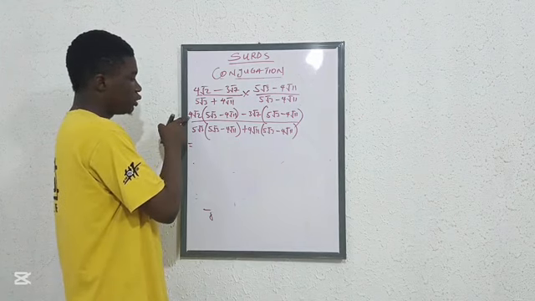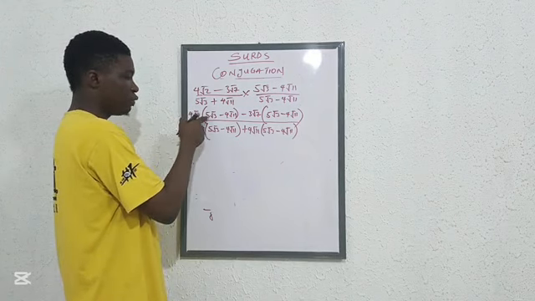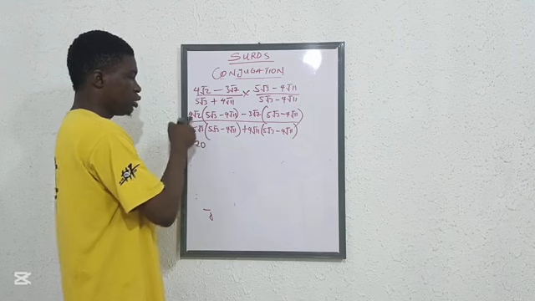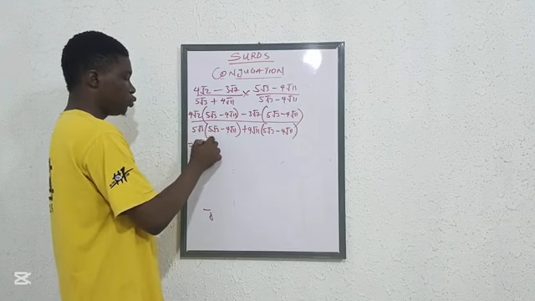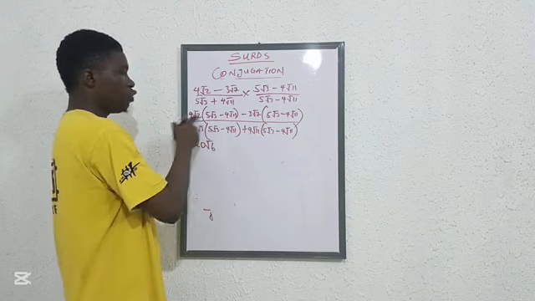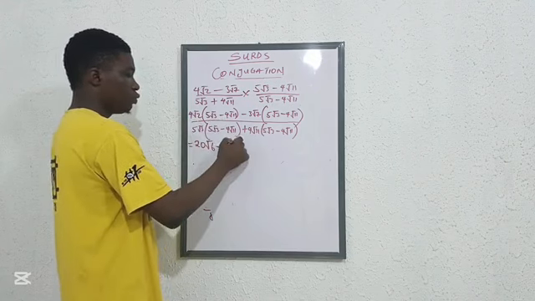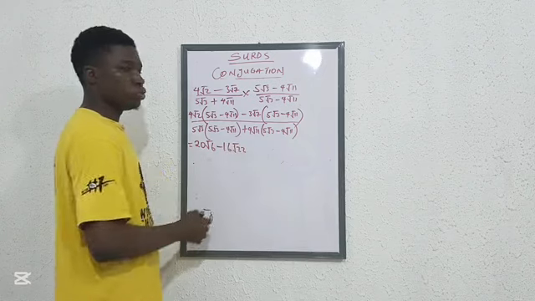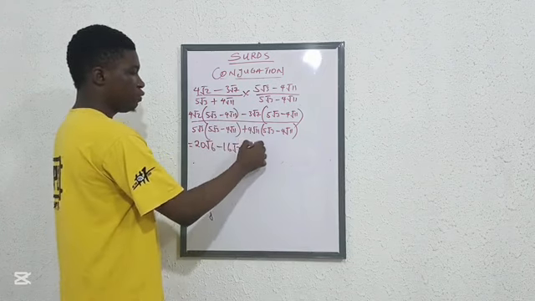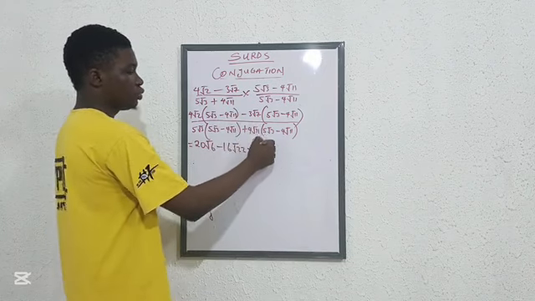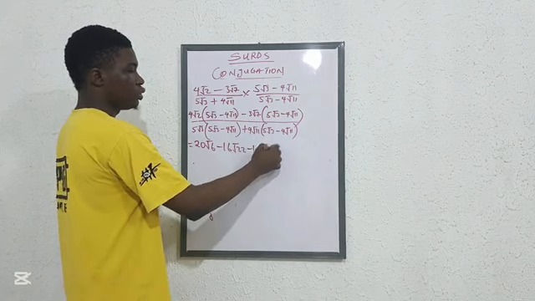Now we'll take, this is a whole number, this is a whole number, 4 times 5, we have 20. Root 2 times root 3, that's root 6. 4 times minus 4, minus 16. Root 2 times root 11, root 22. Minus 3 times 5, minus 15. Root 7 times root 3, root 21.